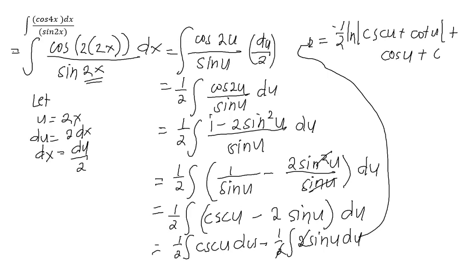This is not yet the final answer because we changed our variables in terms of u. Now let's go back to x. This is now equal to negative 1 over 2 ln of csc 2x plus cot 2x, plus cosine 2x plus c. So this is now the final answer that we have.